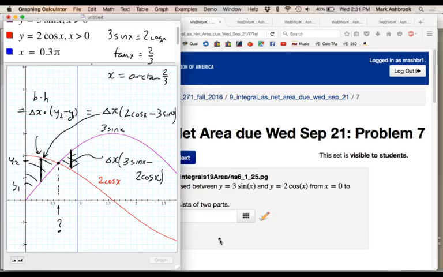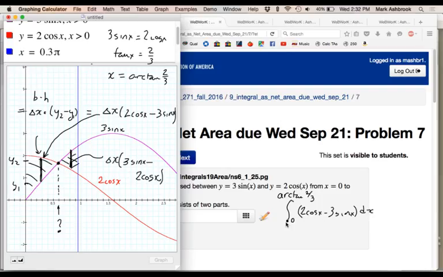So our integral is going to be from 0 to arctan 2/3. Our typical strip is going to be 2 cosine minus 3 sine dx. And what is that right there? That's our base times our height of our typical strip, right?